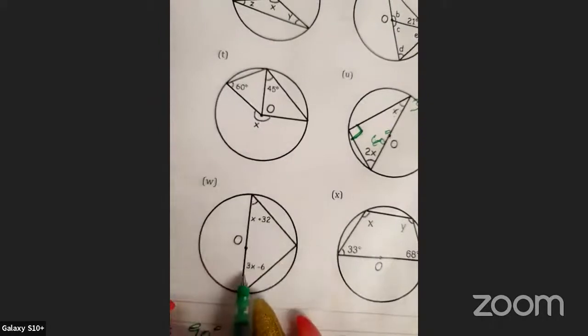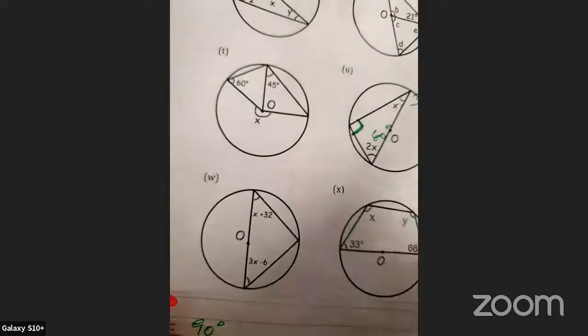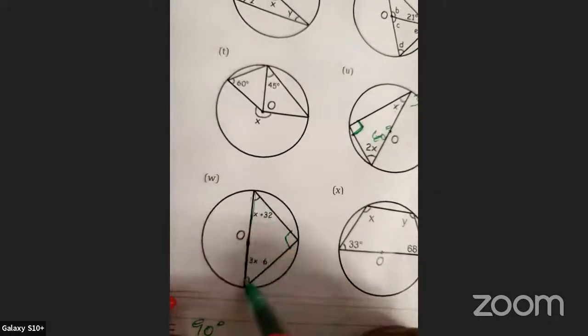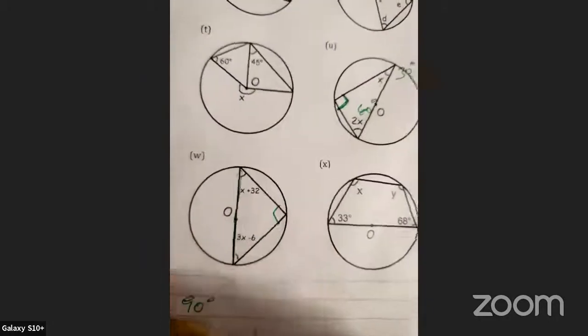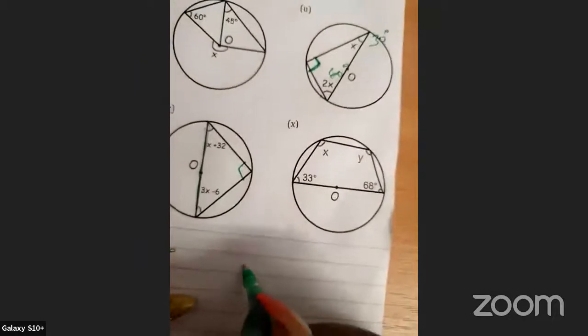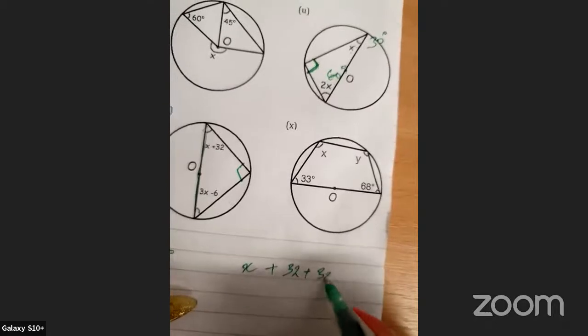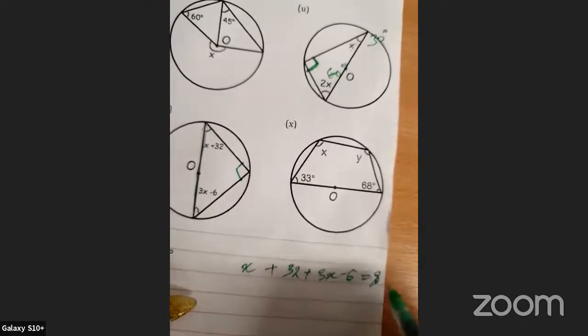All right, so we do this one. x plus 32 is that one. Same approach. We know that this angle here is 90 degrees because it's formed by the diameter. So we're going to do x plus 32 plus 3x minus 6 equals 90 degrees.